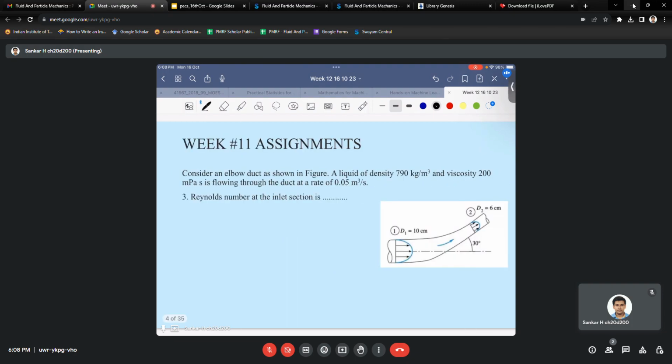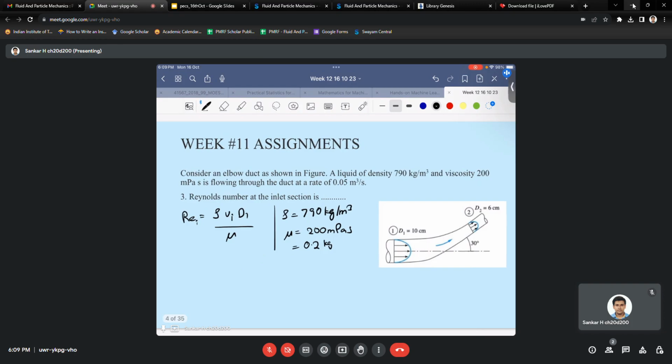Again, very simple calculations. Now we'll move on to the calculation for Reynolds number at the inlet, which is rho times Vi times d1 by mu. In the question, it is given that the density of the fluid is 790 kilograms per meter cube, and the viscosity is 200 millipascal-seconds, which is 0.2 in SI units, kilograms per meter second or just pascal second.